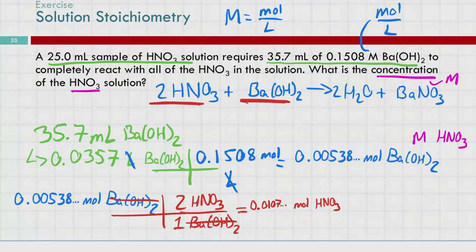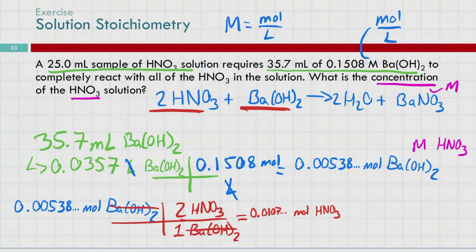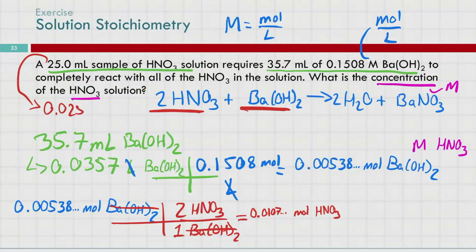Great. We're trying to get concentration in molarity. We've got moles. How do we get from moles to molarity? What do we do? Yeah, it's moles over liters. So we need to divide by liters. We were given milliliters up here in the top left. So converting that to liters, it's 0.0250 liters.